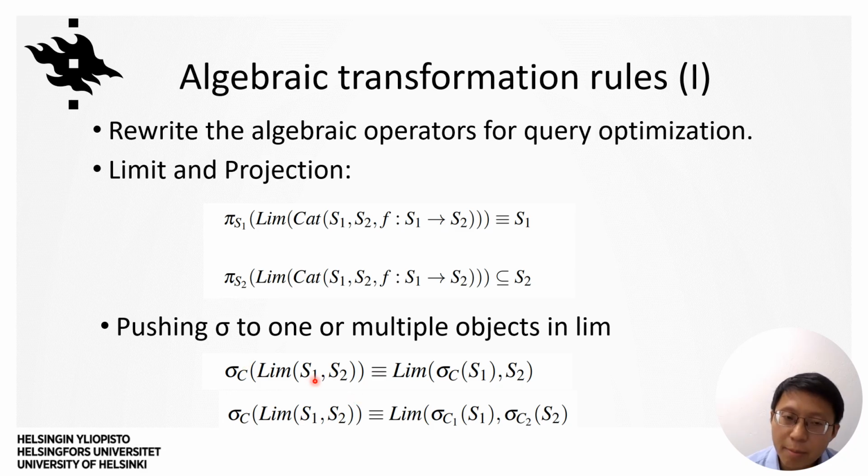In this example, if we first compute the limit of the two sets, then perform a selection, it equals first doing a selection and then computing the limit. Because we do the selection first, we can reduce the size of S1 and reduce the cost of computing the limit operator.